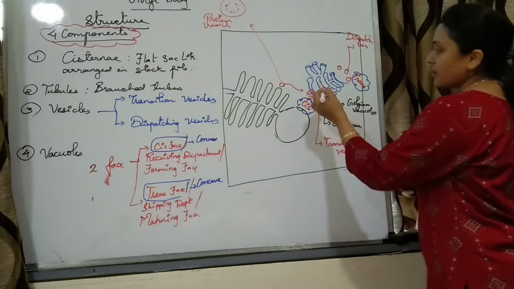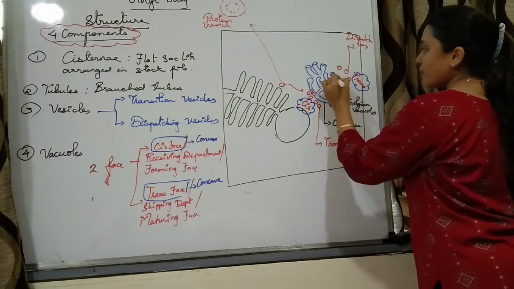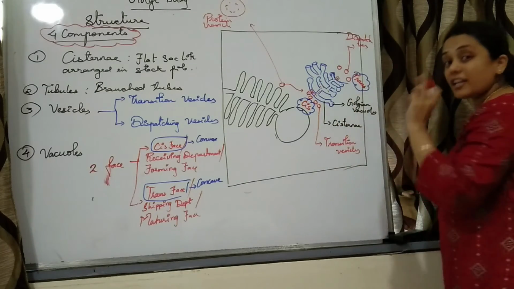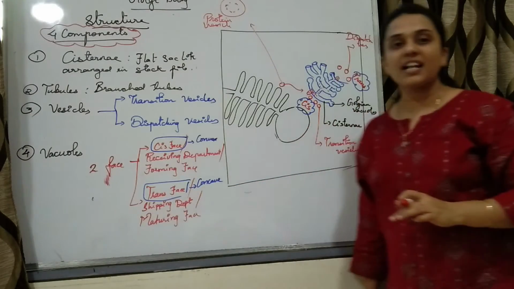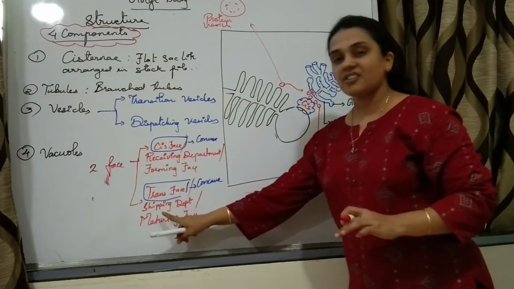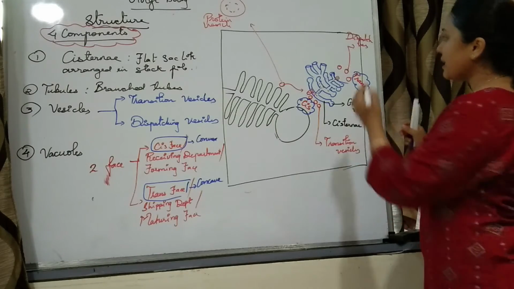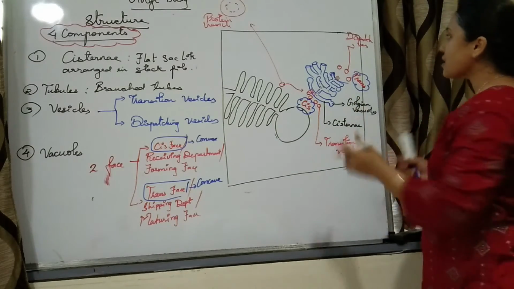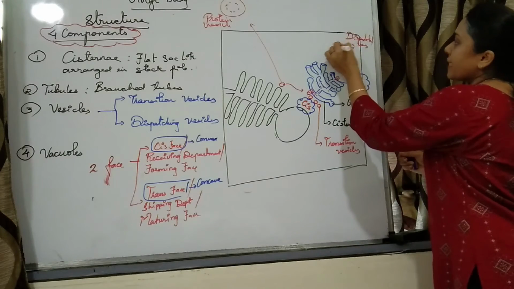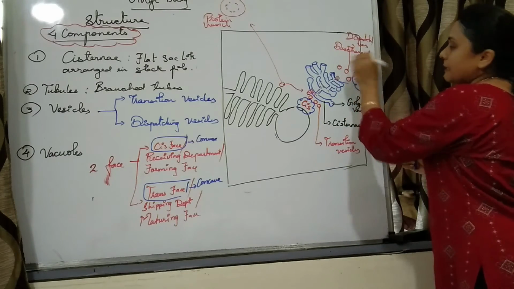That modification is done within the Golgi body, and finally this modified vesicle is released from the trans phase. That is why the trans phase is called the shipping department, and the vesicles are called dispatching vesicles, or discharged vesicles.